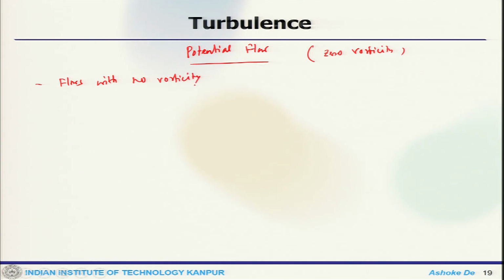That means there is no stretching of the fluid parcel, neither the rotation of the fluid parcel, which means omega bar is 0. So, you can have a velocity potential, which one can define as del phi by del xi.